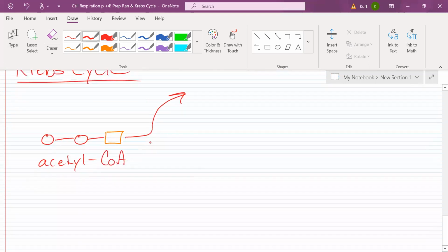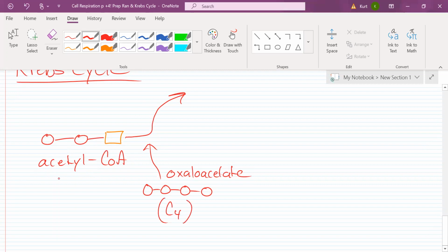What was already in the Krebs cycle was a 4-carbon molecule called oxaloacetate. This is a C4 molecule, meaning that there are 4 carbons.